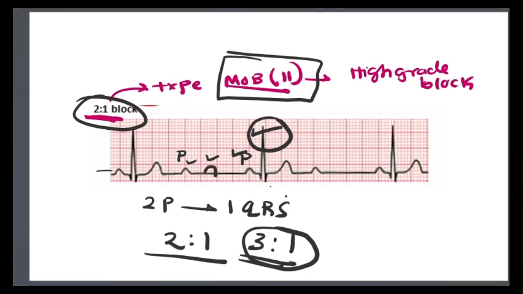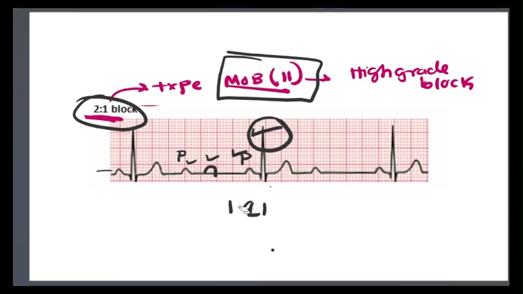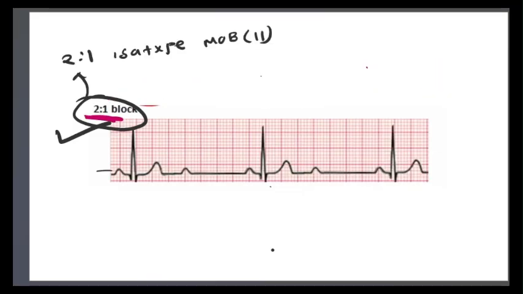We don't have this. So this type of conduction is called high grade block, right? And it is a type of 2 is to 1 block. And this 2 is to 1 block is a variant of Mobitz type 2.